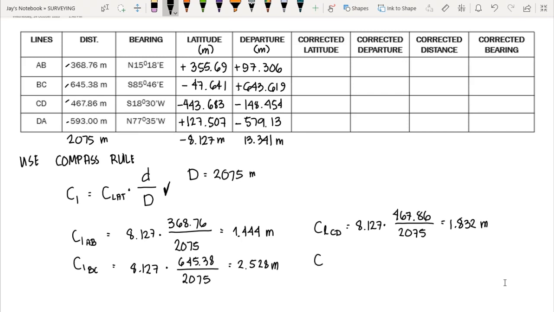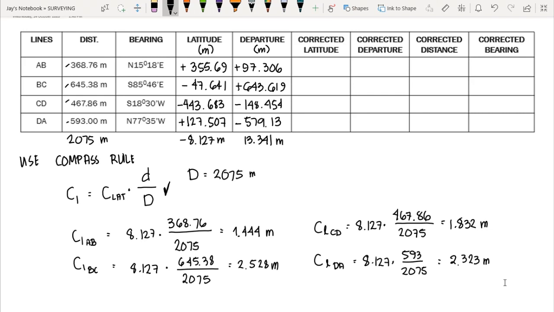Now for the latitude of our traverse DA, same formula, 8.127 times the distance 593 divided by 2075. We have the value 2.323 meters. So these are the corrections of the latitude of every line in the closed traverse.